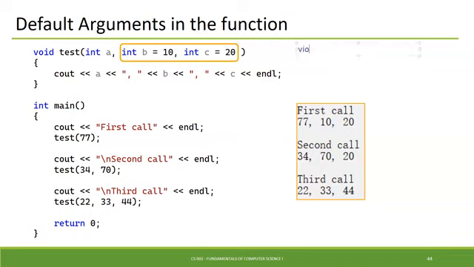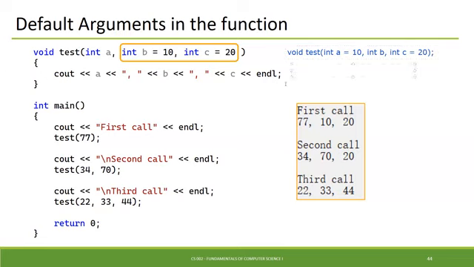If I have void test, I want to have default argument 10 for A, and B does not have any default value, and C has default value 20. This is not possible. This is an error.